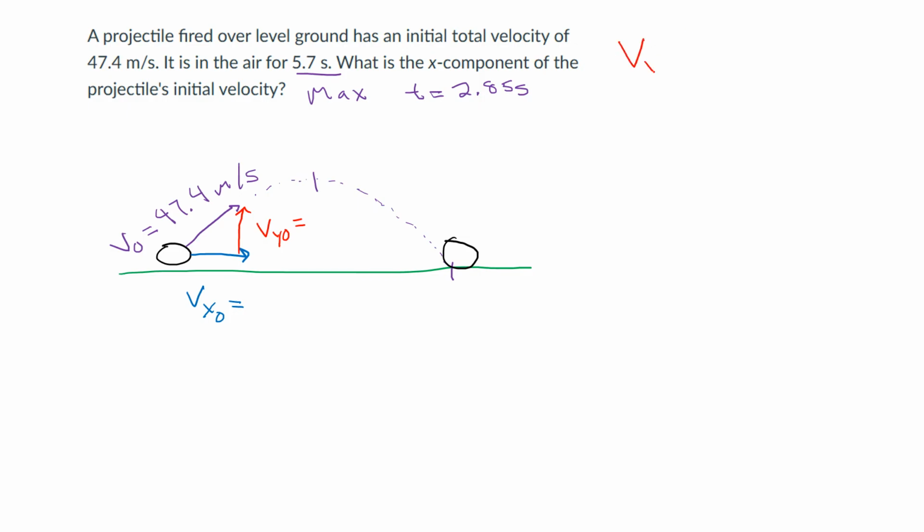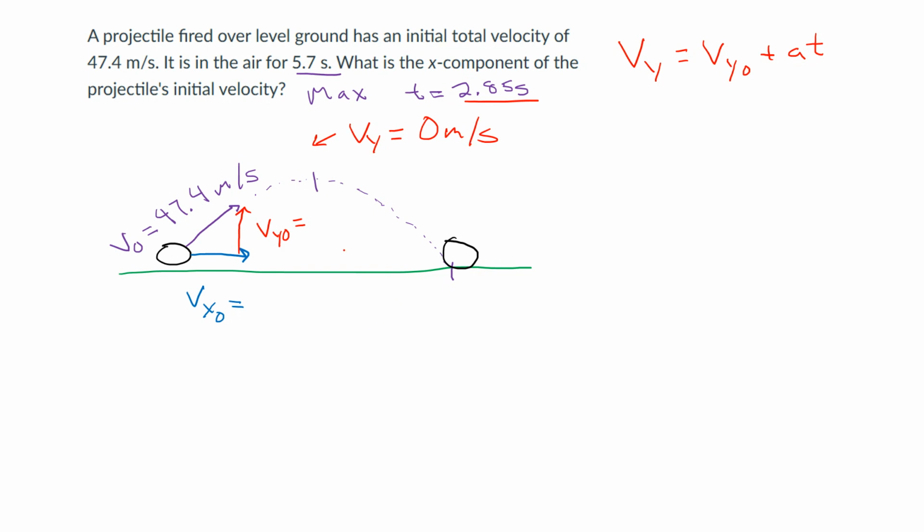We just know that the final velocity is equal to the initial velocity, we're talking about the y direction, plus the acceleration times time. Well, we know what time is. What's the final velocity in the y direction at the maximum height? 0 meters per second, right? Because it's going up, and it stops right there, and then it comes down.